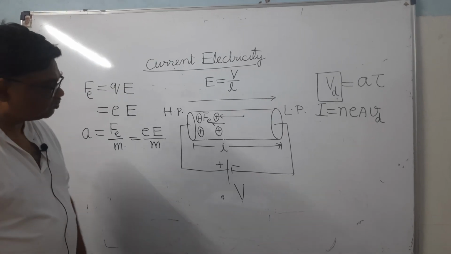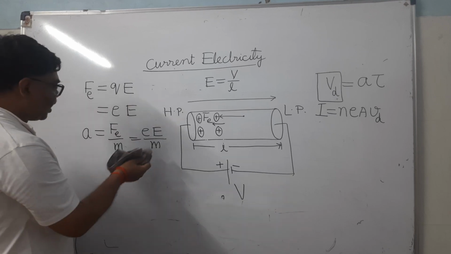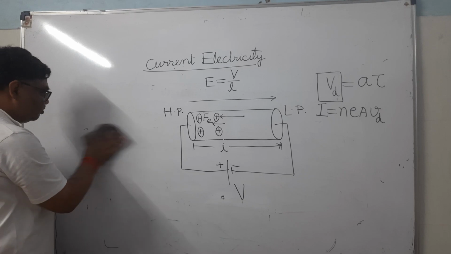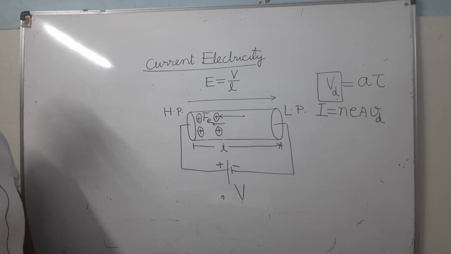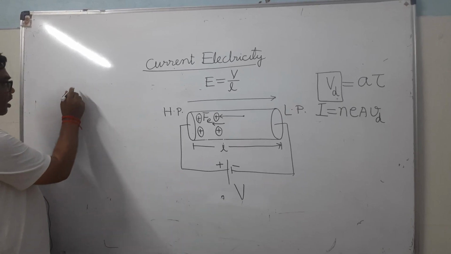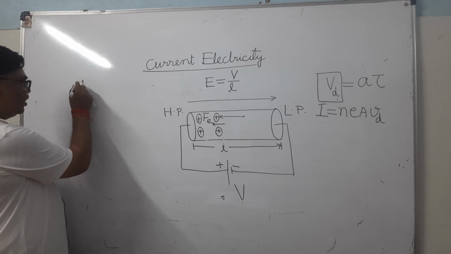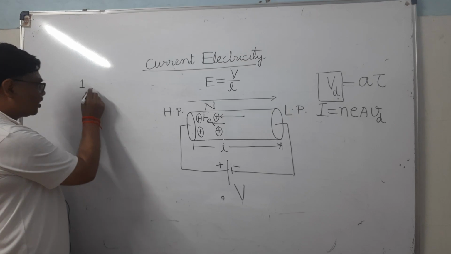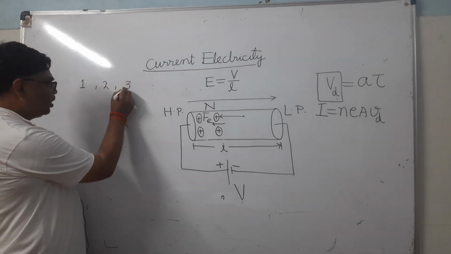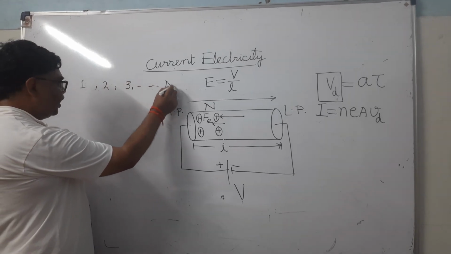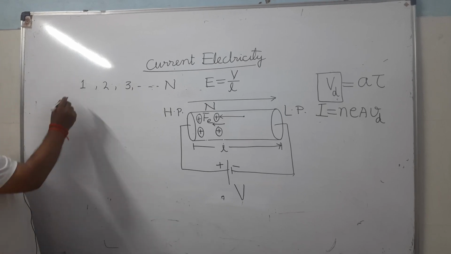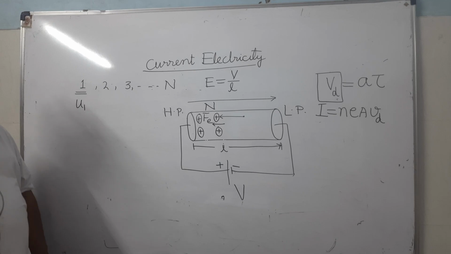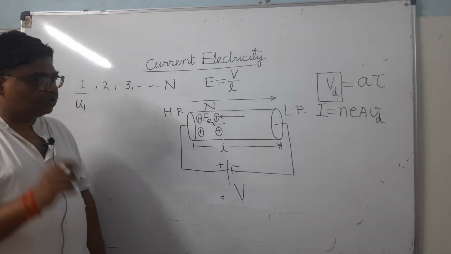Now see here. Here we will derive the expression of the drift velocity. Suppose there are capital N free electrons in this conductor. 1, 2, 3 and so on up to N. Let the first electron have velocity u1 just after a collision.